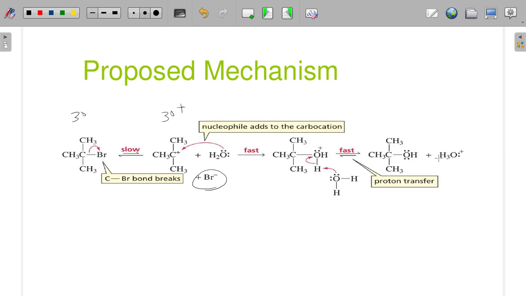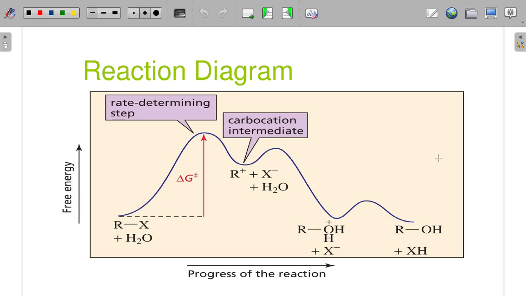All right. Now that we have this proposed mechanism, let's see if it makes sense with everything we're seeing. All right, so our slow step is just the ejection of a halogen creating a carbocation. Well, we know that's going to be a difficult prospect because this was a stable molecule. These are not stable by themselves. So that makes sense. It would take some energy to rip it off.